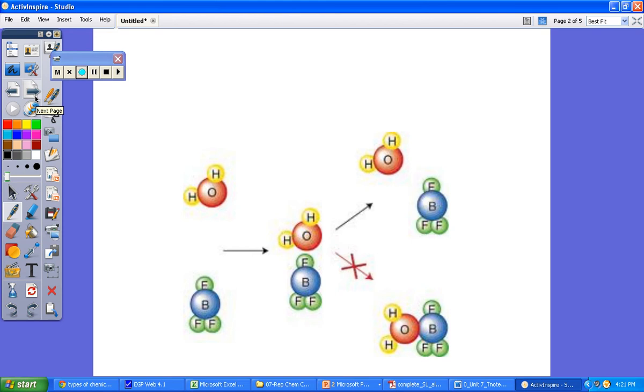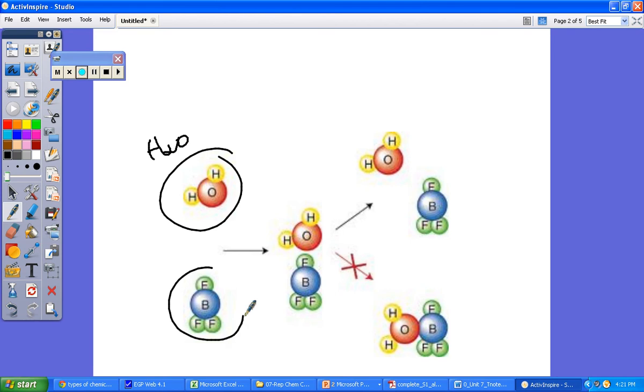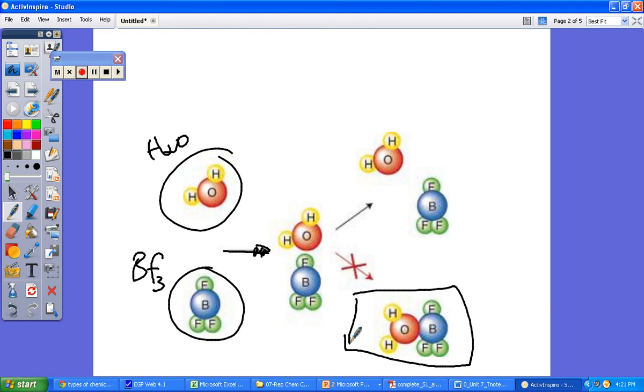And then the last part is the whole energy piece, and just to add on to what we've done in class so far, there's two paths drawn here. So we have two particles interacting, water and boron trifluoride, so BF3. And if these two were to interact with each other, if they hit each other, they may form a compound down here.